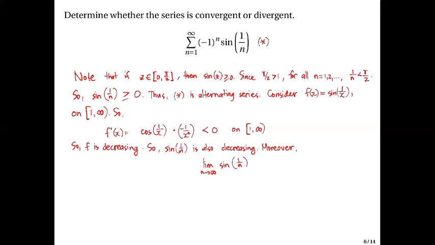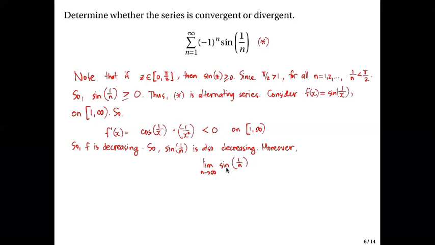So what do we get? As n approaches plus infinity, your n increases without bound. So you will have 1 over something very, very large. And that becomes sine 0, because 1 over n becomes 0.